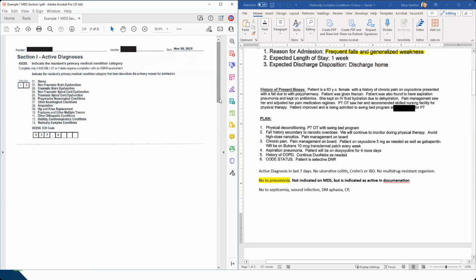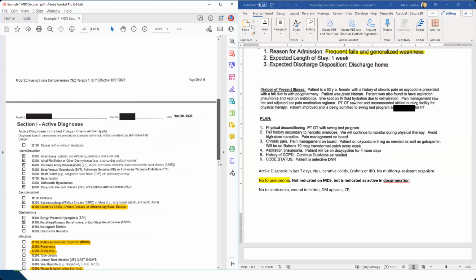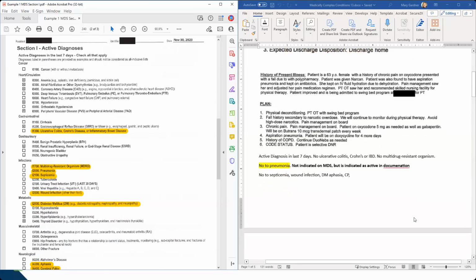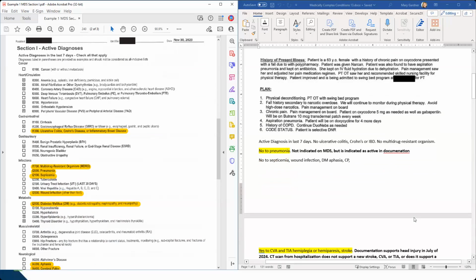So then we're going to go on and look at those active diagnoses within the last 7 days that are documented. And I'm just going to focus on these drivers of Medicare payment ones for right now. So there's no documented ulcerative colitis, Crohn's, IBD, no multiple drug organisms.